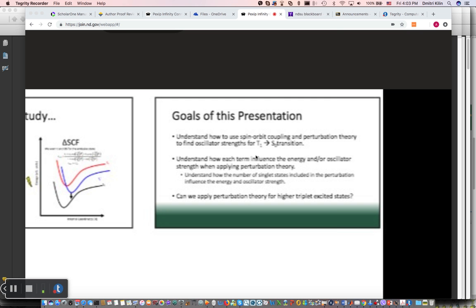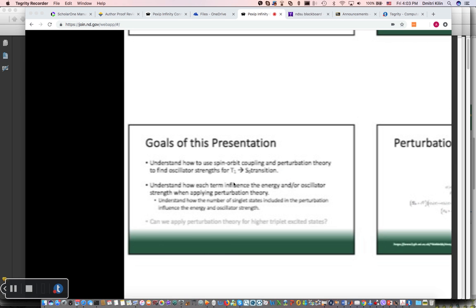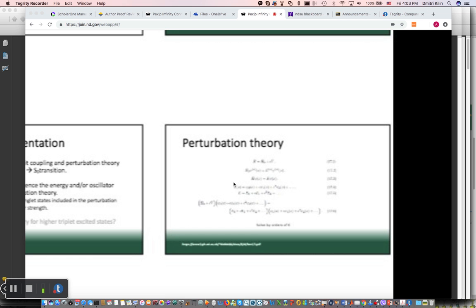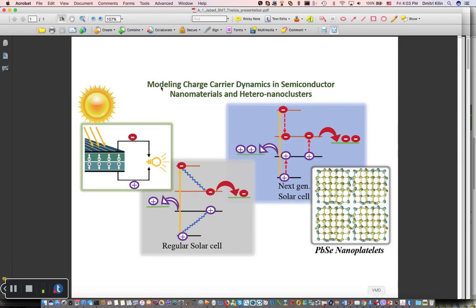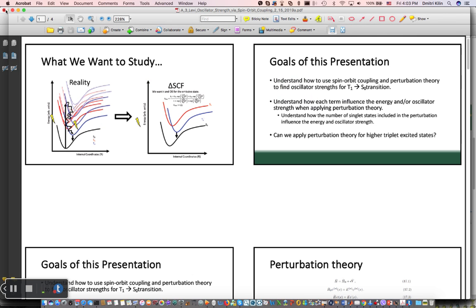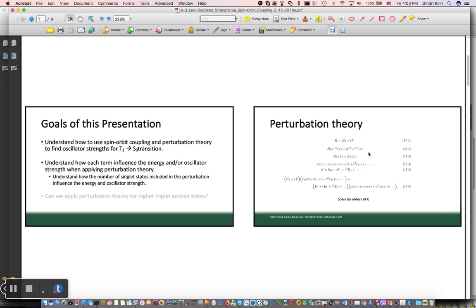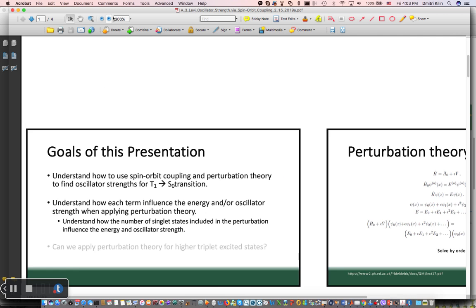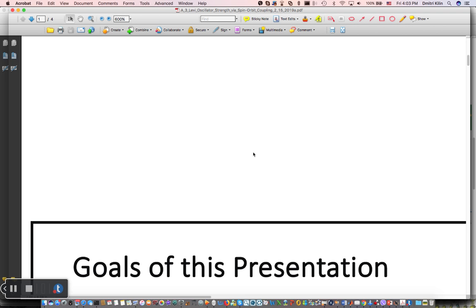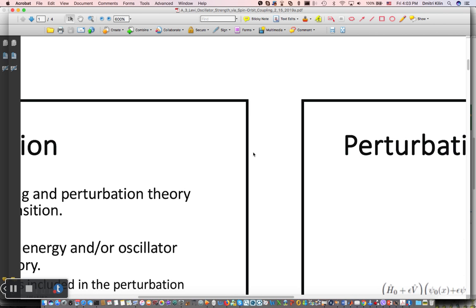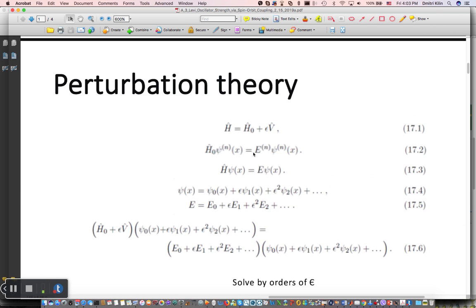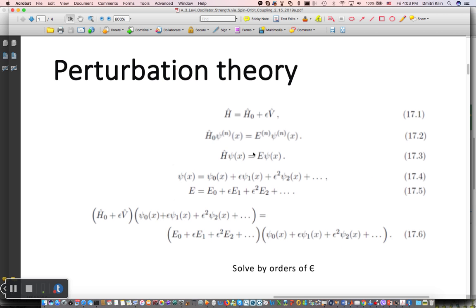So first, let's slightly touch on perturbation theory. I don't want to go super in depth on it. Perturbation theory is a theory where we use a Hamiltonian that we know and can solve, and then we add a slight perturbation onto that Hamiltonian. This is solving the Schrodinger equation for the known Hamiltonian that we can easily get, and then this is using the perturbation.